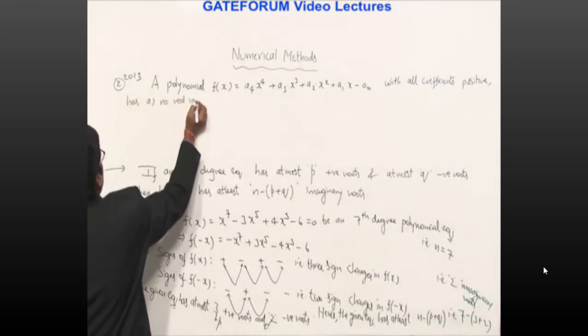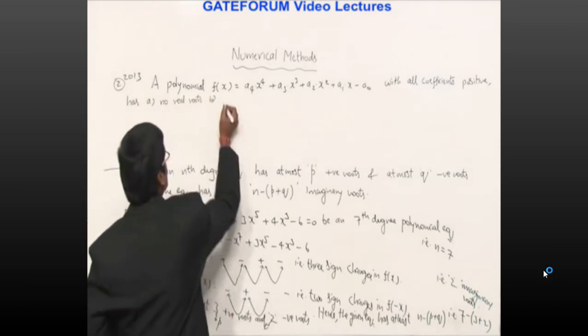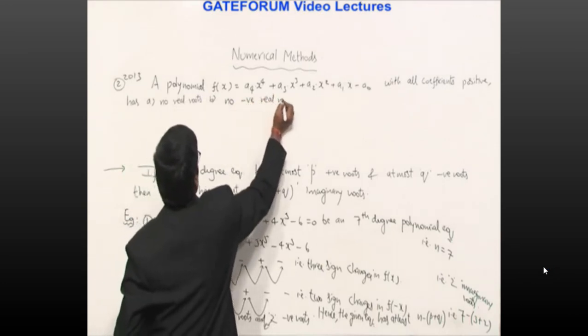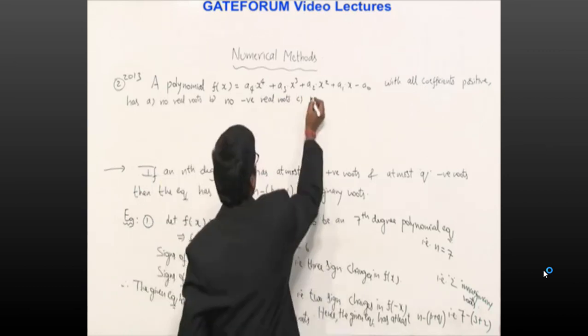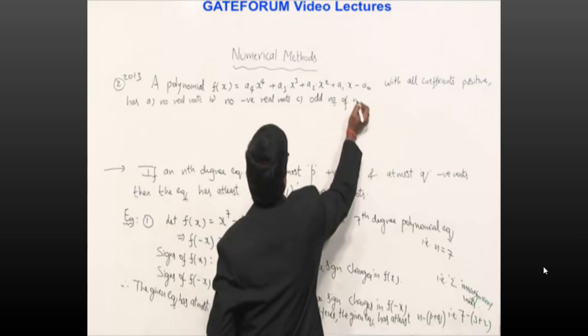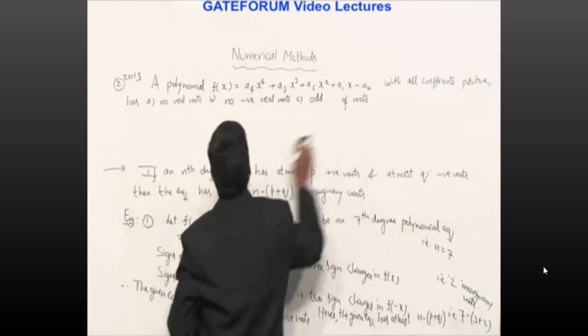no real roots, B, no negative real roots, C, odd number of roots. You may get confusion between no, this one, and number.